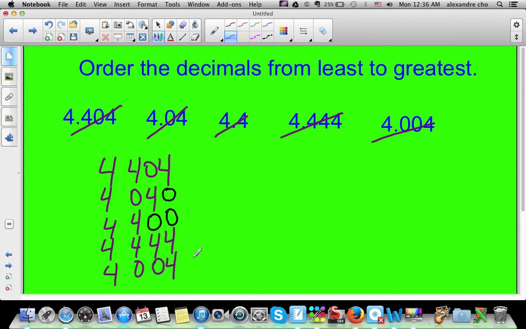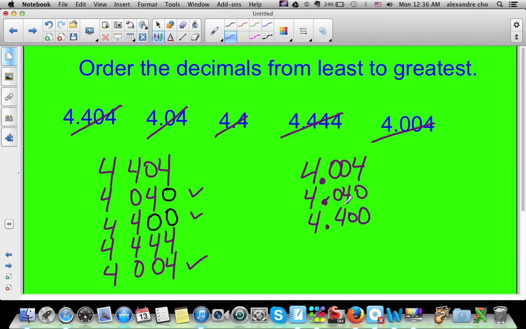So by looking at this, your smallest number is this guy right here. And I'm going to put the decimal back there. Your second smallest number would be 4,000 and this guy right here, 40. And I'm going to add the decimal. My third number would be this one, the 400. 4.400.